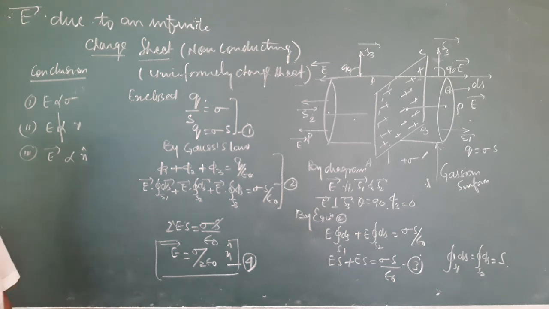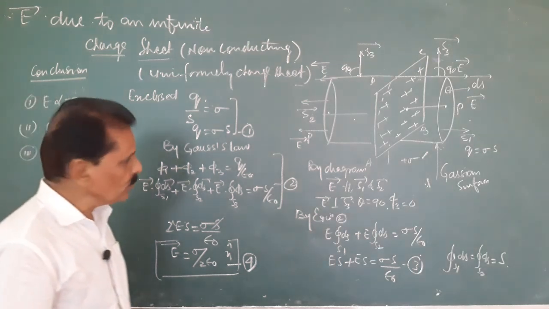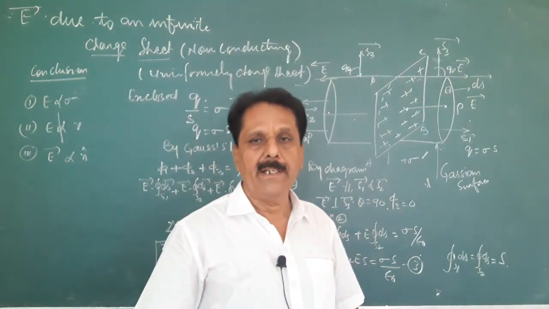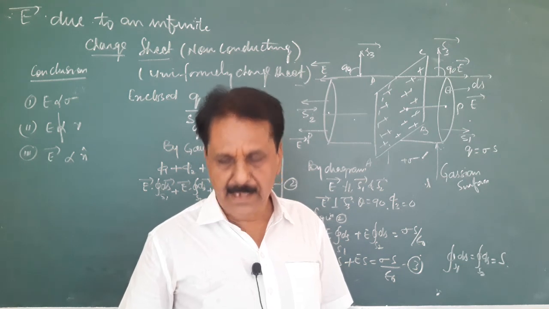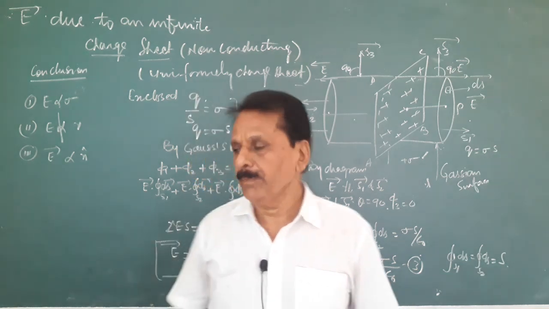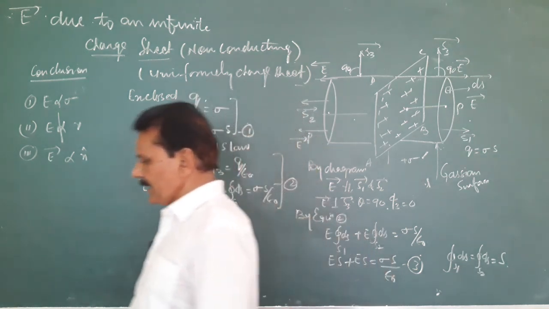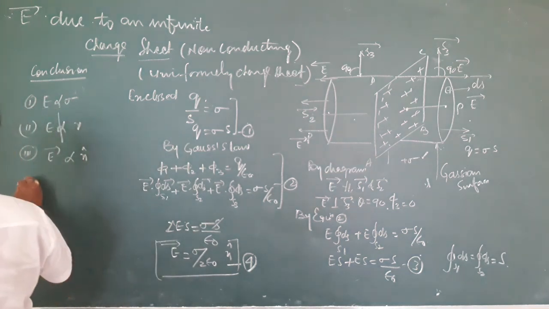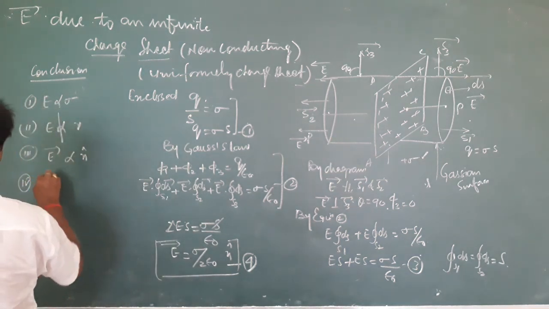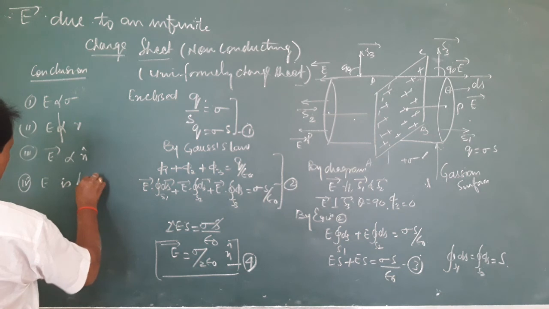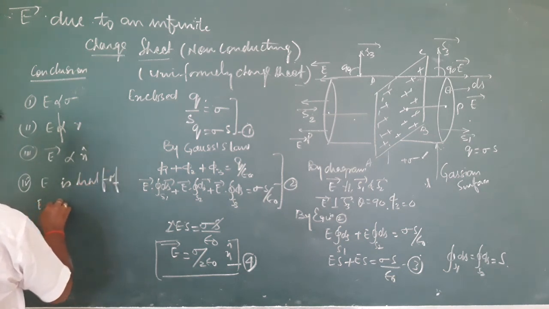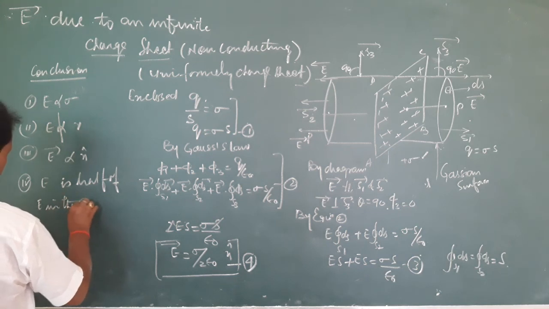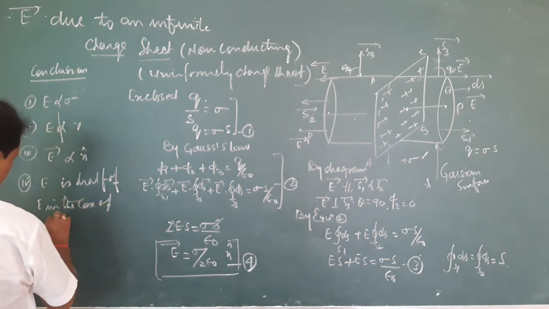So this is all about the electric field due to a charged infinite sheet, whether it is conducting or non-conducting, and the value in this case is half of E in the case of a conducting sheet.